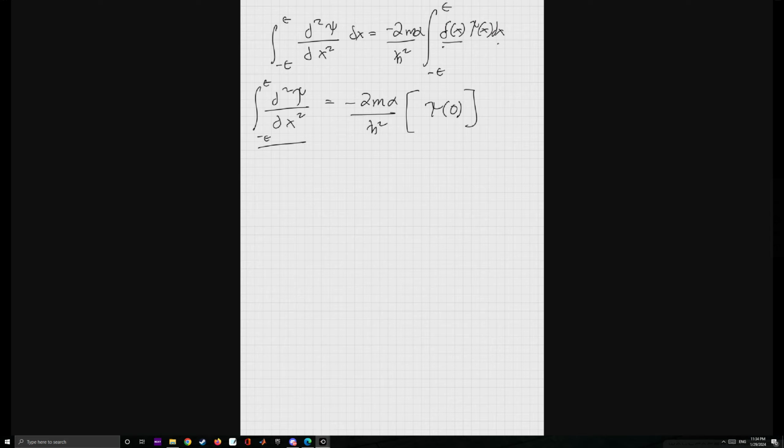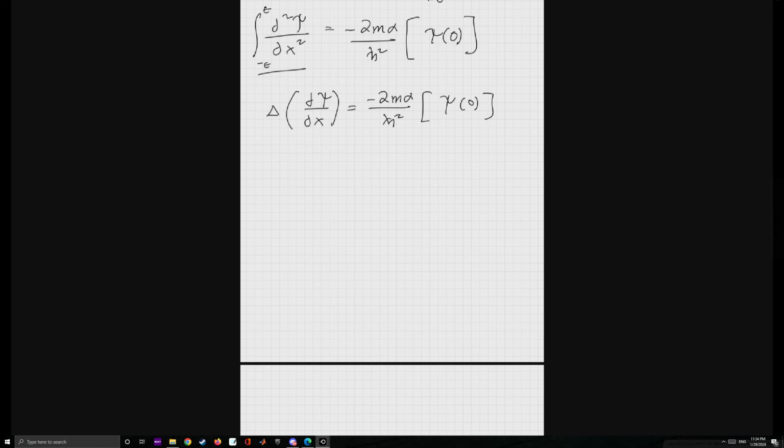So you just get d psi dx evaluated at epsilon minus evaluated at negative epsilon. So we can call that delta d psi dx equals this stuff. And this is simply all it is.